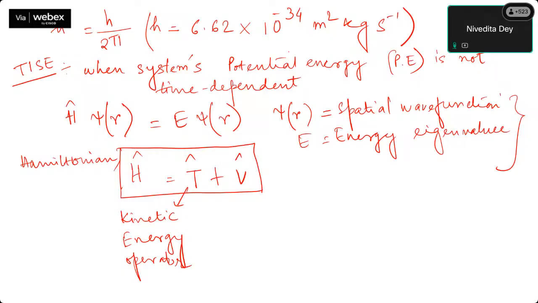I don't know how much time is left; I think we are almost done. This T-hat, the kinetic energy operator, is minus h-bar square by 2m into delta square.